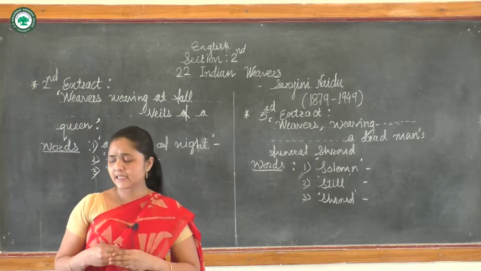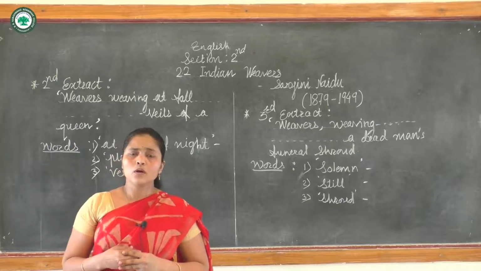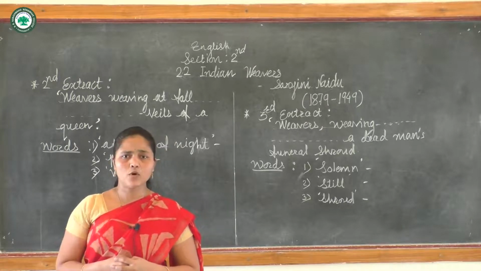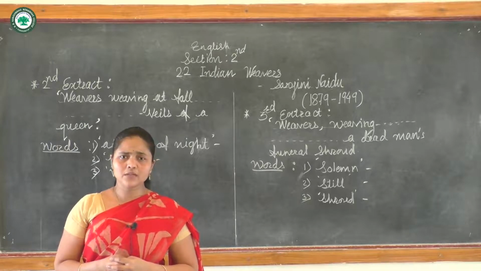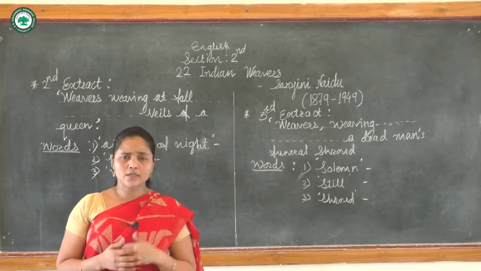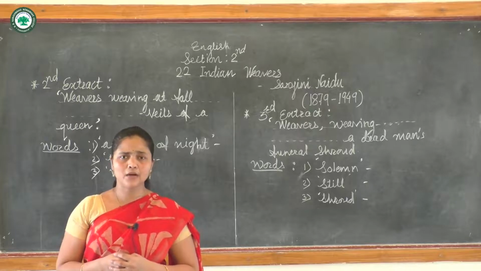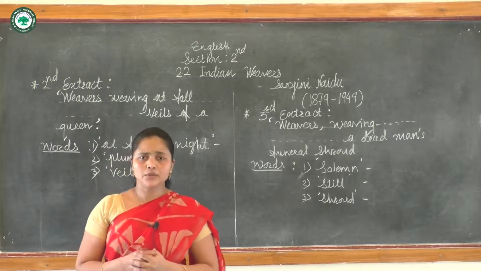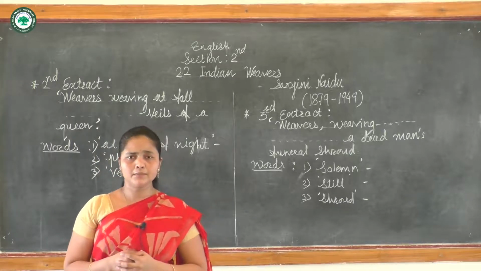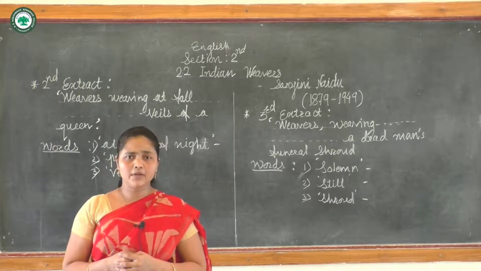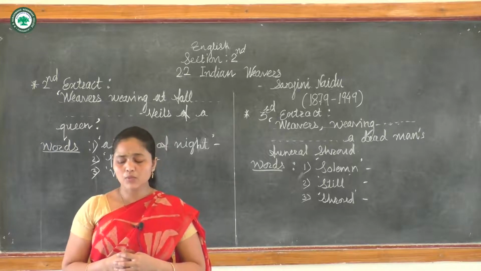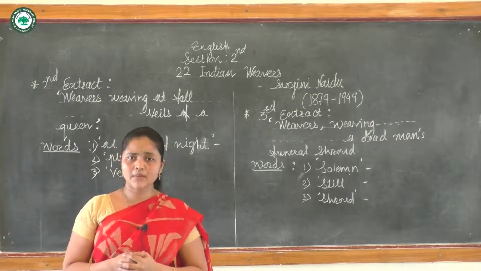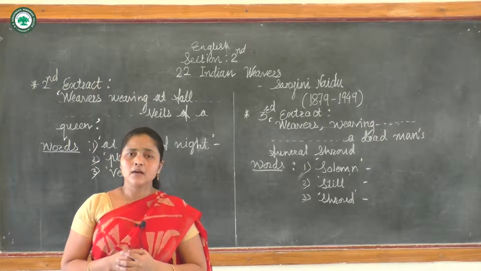Now the second is the context. The context in which this poem was written was the time of the freedom struggle. As all of you knew, in the introduction also we took that Sarojini Naidu took a very important part in our freedom struggle, and that's why she was also very much influenced by Mahatma Gandhiji and his principles.